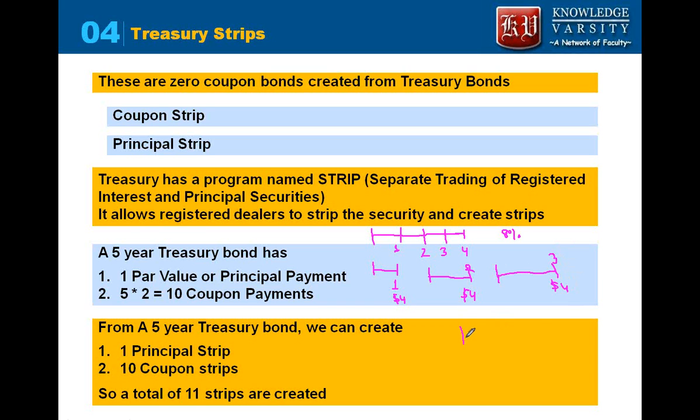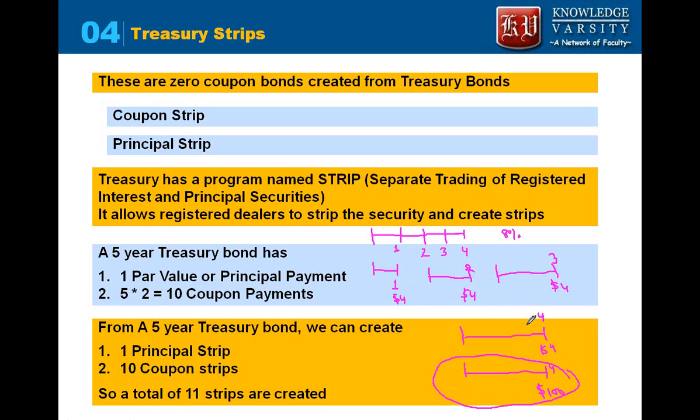Another bond will be created which will pay $4 after 4 periods or 2 years, and a bond is created which will pay you $100 after 4 periods or 2 years. So this treasury bond is split into 4 coupon strips and 1 principal strip. This is called the principal strip and these 4 are called coupon strips.